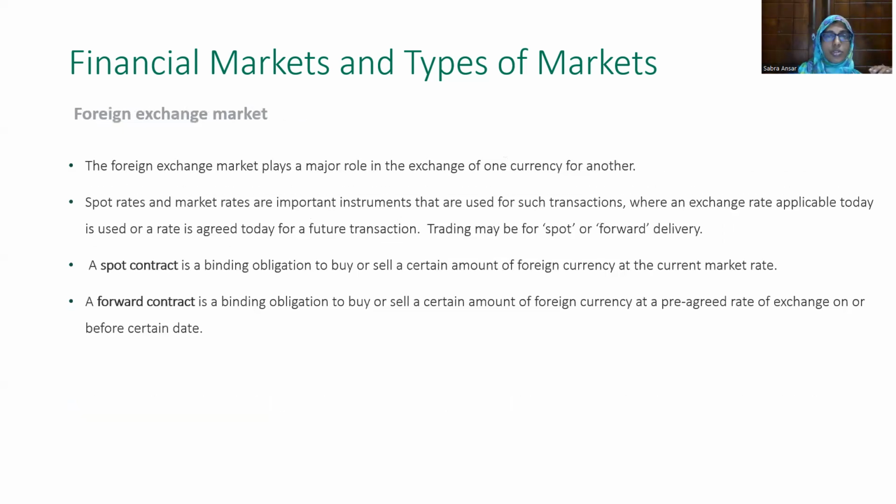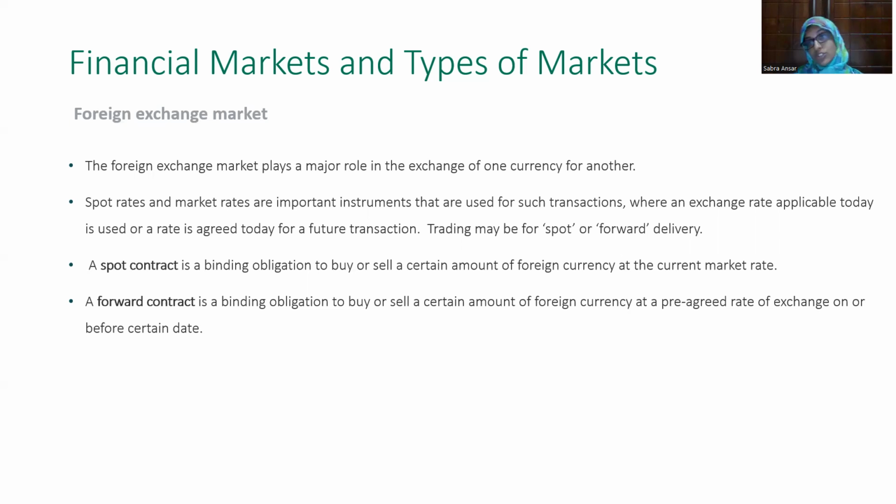So after that, we are going to talk about another type of market, which is the foreign exchange market. So now, what is the foreign exchange market? A foreign exchange market, as you know, plays a major role in the exchange of one currency for another.